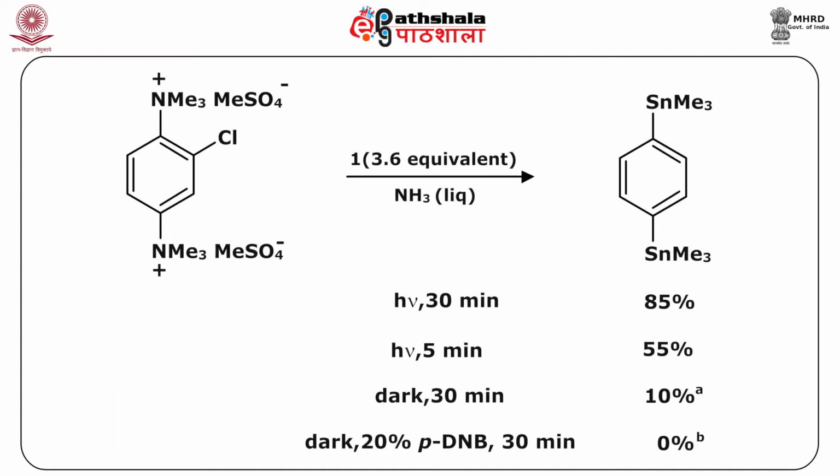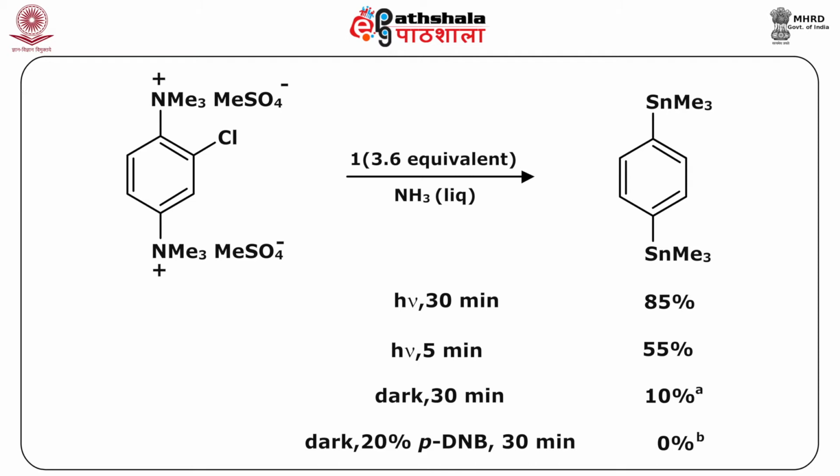Interestingly, the reaction was very slow in dark conditions and completely quenched upon addition of para-dinitrobenzene, that is PDNB, at a concentration of 20%, a well-known inhibitor of radical anions.